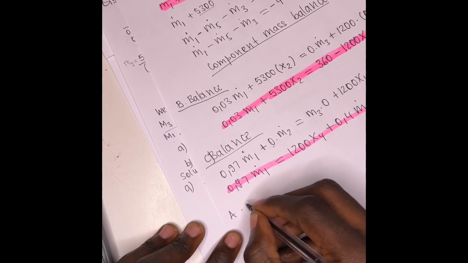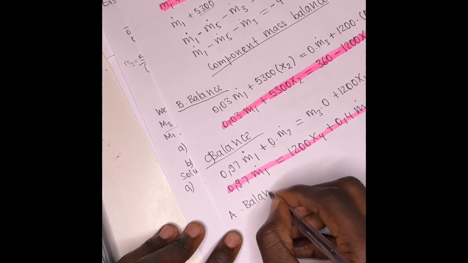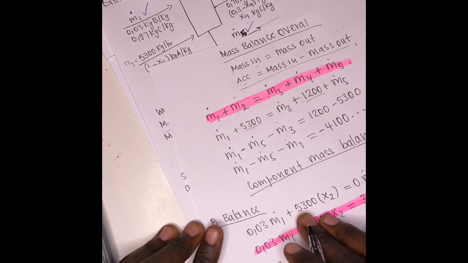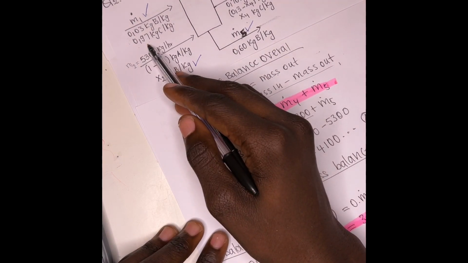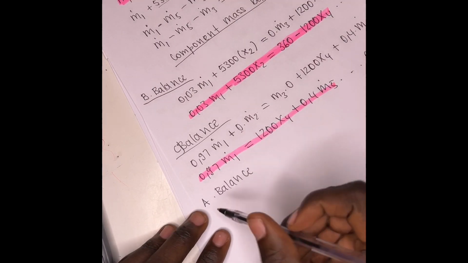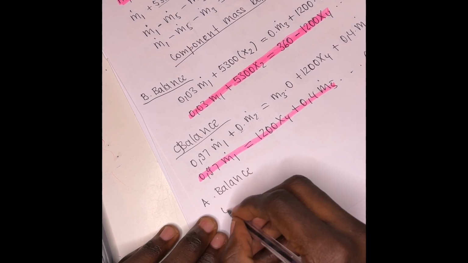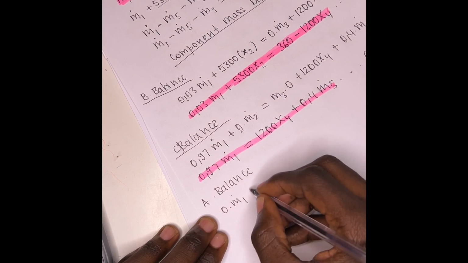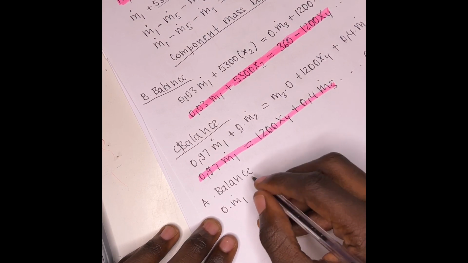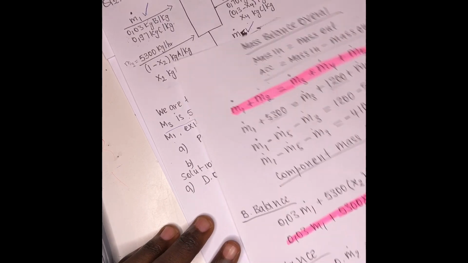You can say A balance. What is the A balance, guys? Here we don't have A, it's 0. Let me just write it so that you guys can also see. In terms of A, we're going to have 0 times M1. We have A in stream 2. This is part A.